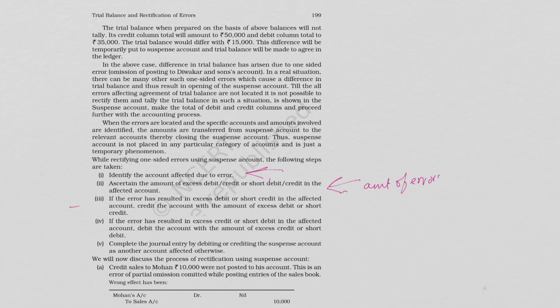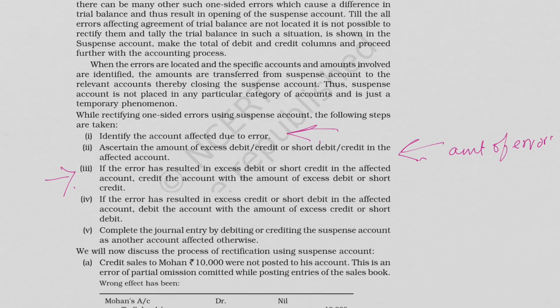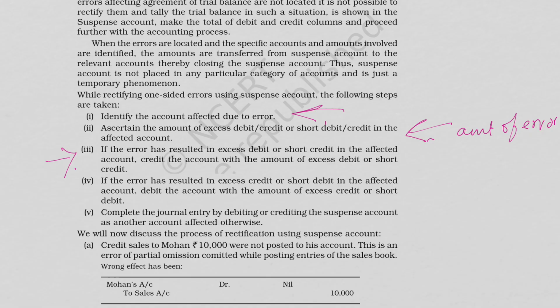Third, we will determine whether there is excess debit or excess credit, or short debit or short credit. Then we'll pass the rectification entry. Then we'll adjust the suspense account if necessary. Now let's see an example. We'll now discuss the process of rectification using suspense account.